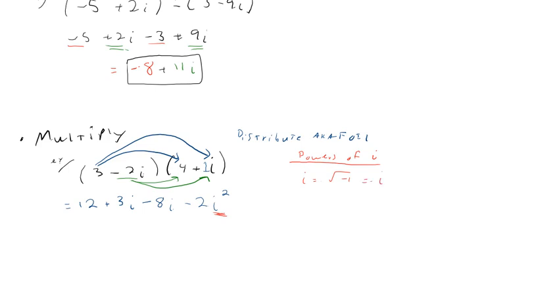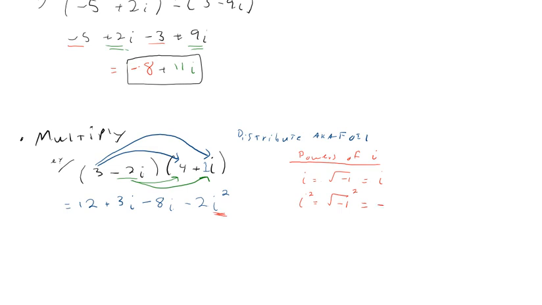If you have i squared, well, that means you have the square root of -1 squared. And what is that going to become? If you square a square root, the square root and the square cancel, you're left with -1.